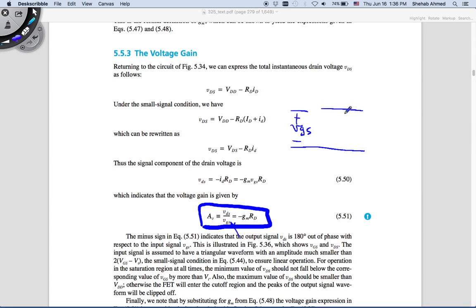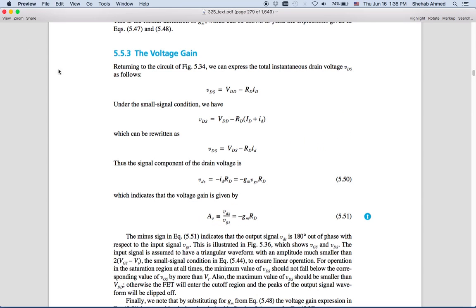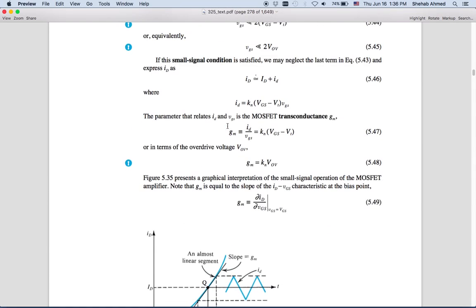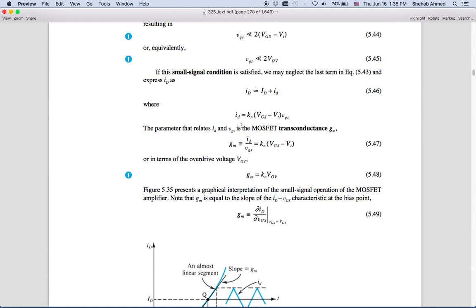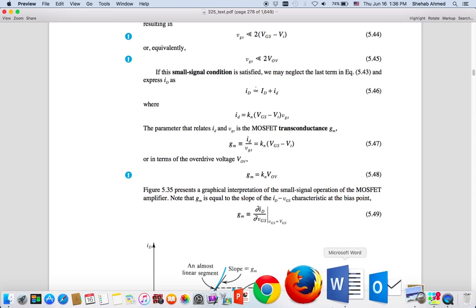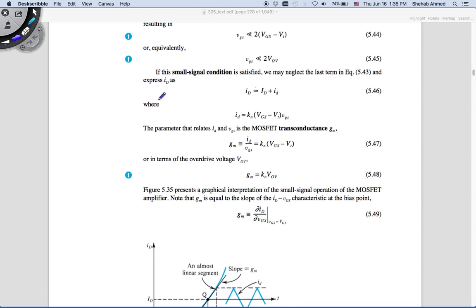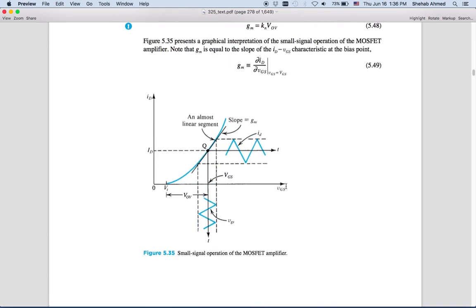This creates a small signal current ID. This small signal ID has a value that is controlled by the gain. If you go back to what we have here, ID is equal to GM times VGS, right here. So instead of putting ID, I will put GM times VGS in the equivalent circuit.